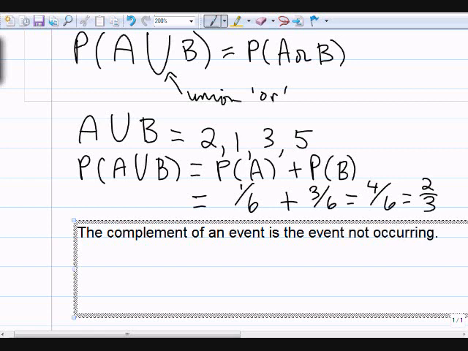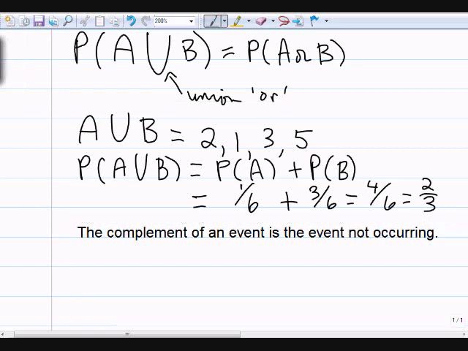So the complement of an event is the event that the event doesn't occur. So the complement of A, I need to write this in pen here, sorry. Event A was rolling a 2. I call the complement of A with a superscript C. That's the complement of A.